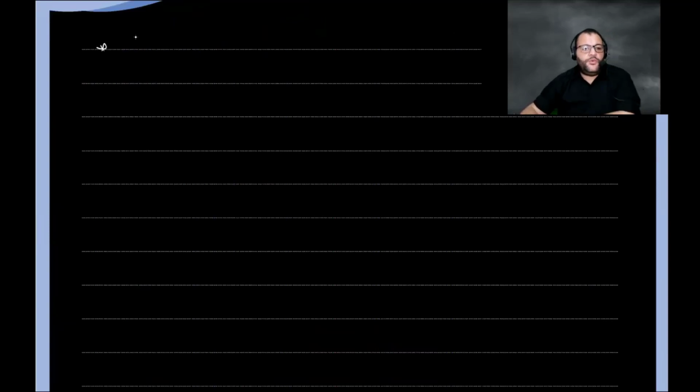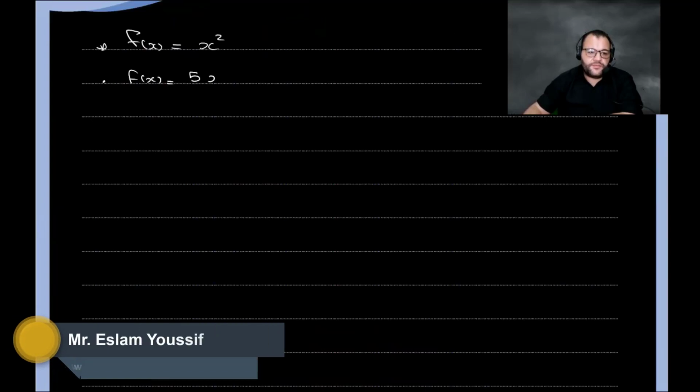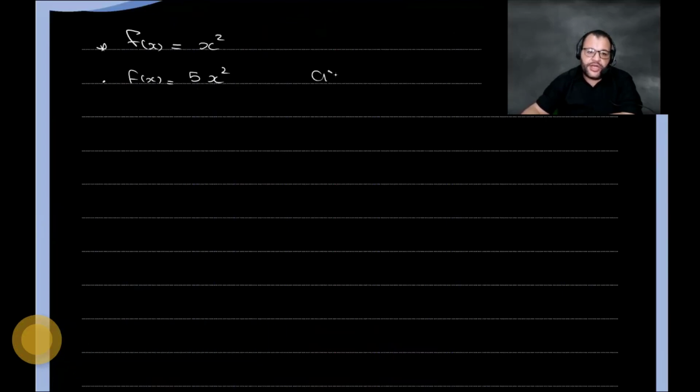Okay. When we have any function, suppose now I'm talking about the function f of x equals x to the power 2. For the new function f of x equals 5x to the power 2, now you multiply by a number, by a. What is a? A is greater than 1. What is the meaning of a greater than 1? The answer will increase or decrease?